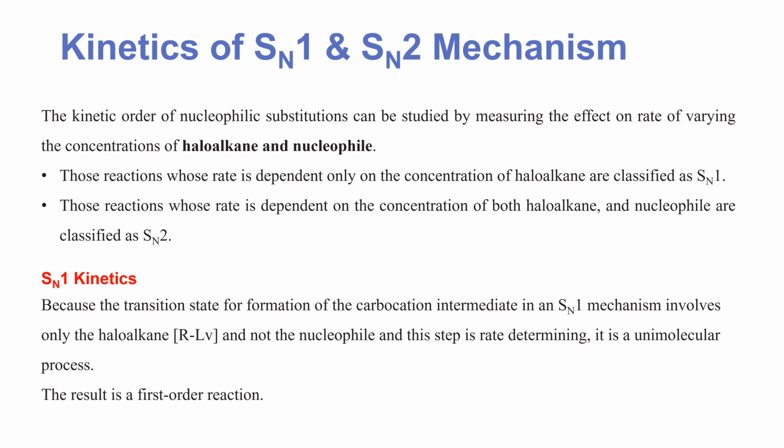But of course, kinetics is not the only factor. Whenever we make a prediction about whether a reaction is SN1 or SN2, we have to see all of the factors collectively: what the haloalkane is, what the solvent is, what the nucleophile is, what the kinetics are, and what the stereochemistry is.